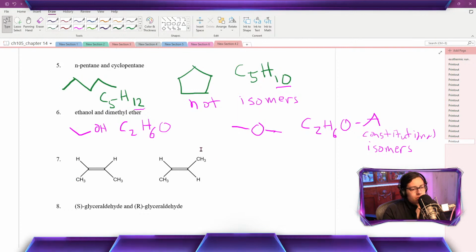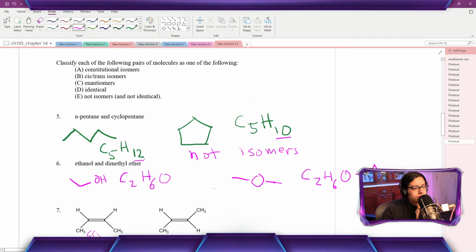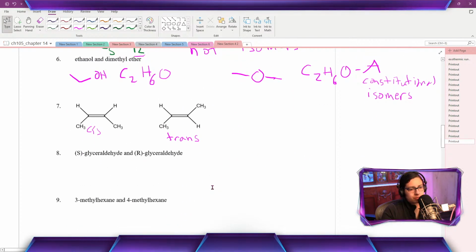So looking at these, we have a double bond. So we don't have any rotation. And if you remember, this is cis, this is trans, and so they are cis-trans isomers. So B.